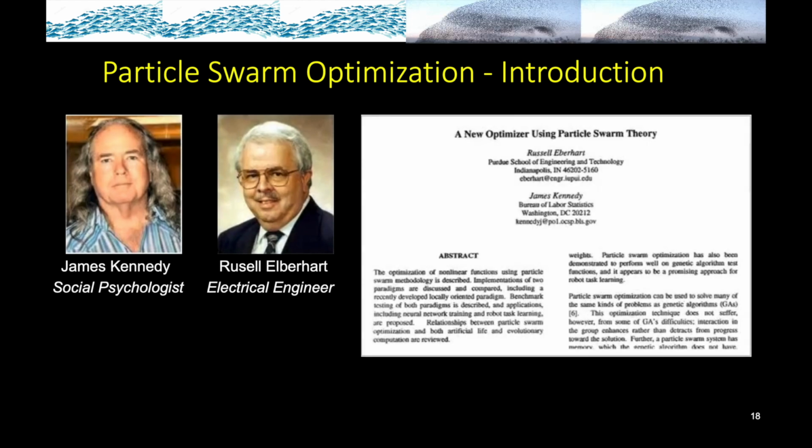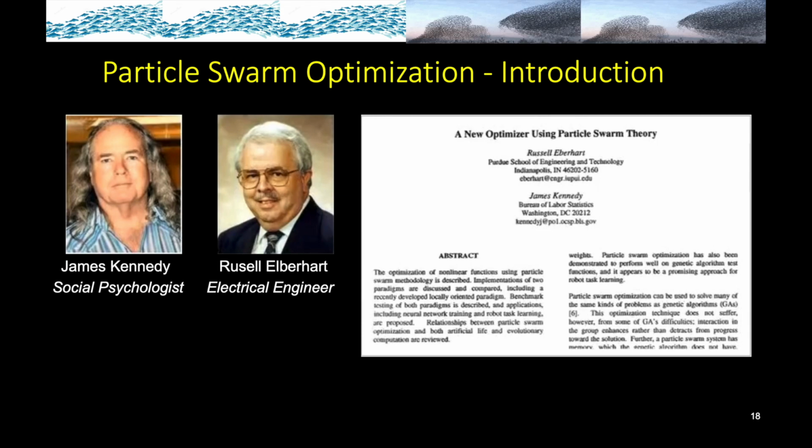So this brings us to the algorithm formally. Particle swarm optimization, or PSO, is an intelligent optimization algorithm. It belongs to a class of optimization algorithms called meta-heuristics. PSO is based on the paradigm of swarm intelligence, and it is inspired by the social behavior of animals like fish and birds.